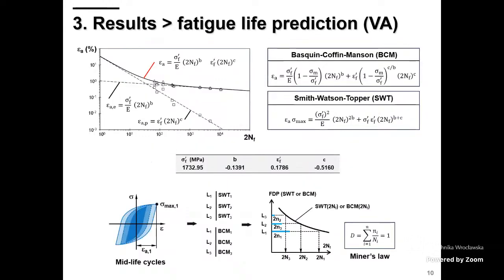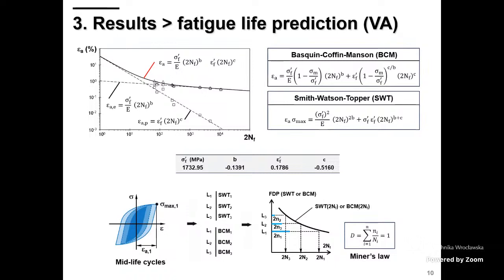Regarding the prediction model, we tested two simple methods, the Basquin, Coffin, Manson, and the Smith, Watson, and Topper. Here you can see the fitted functions for the Basquin, Coffin, Manson model based on constant amplitude loading tests. And here is summarized more or less the process adopted to estimate fatigue lifetime.